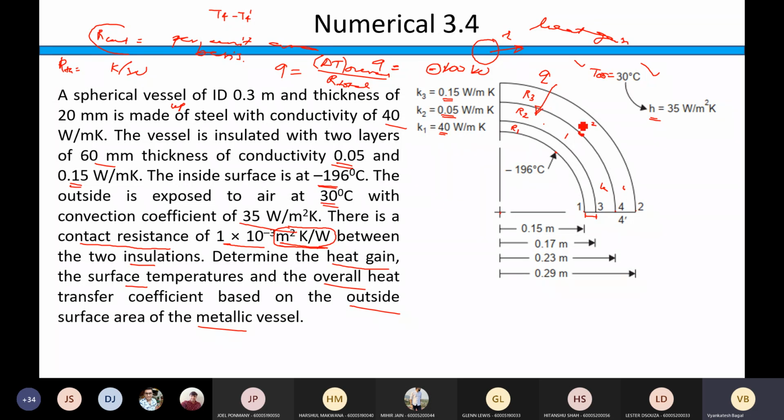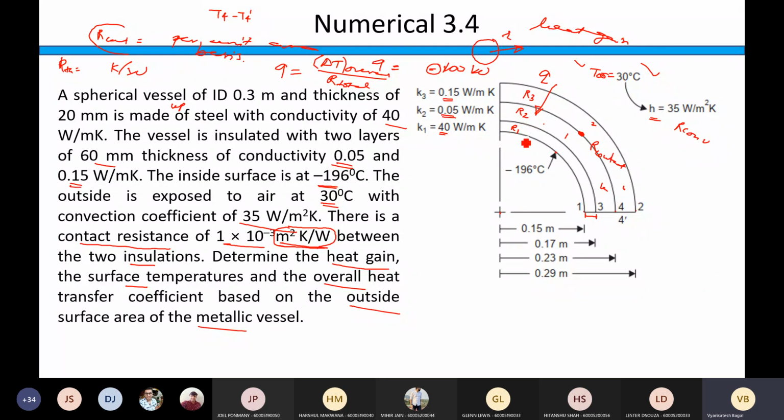And then you have the convection on this side, so this can be called R convection. Apart from that, there is one contact resistance at this face, so you call it R contact. So you have 5 resistances in series now: R1, R2, R3, the conduction resistances, then the contact resistance, and one convection resistance.